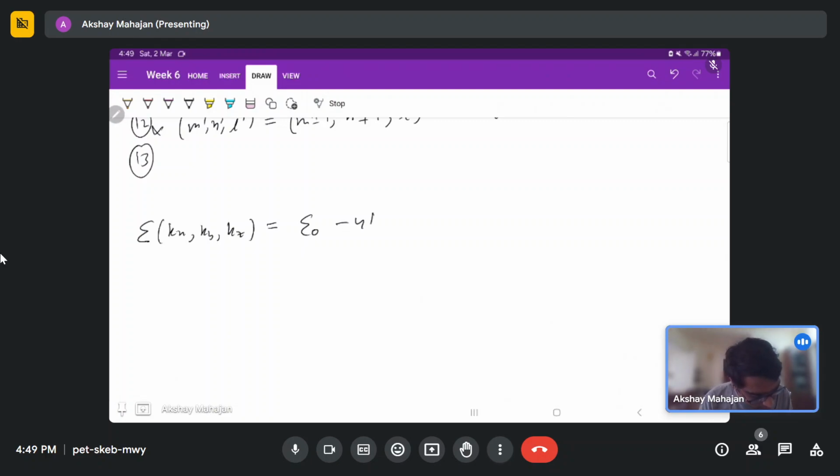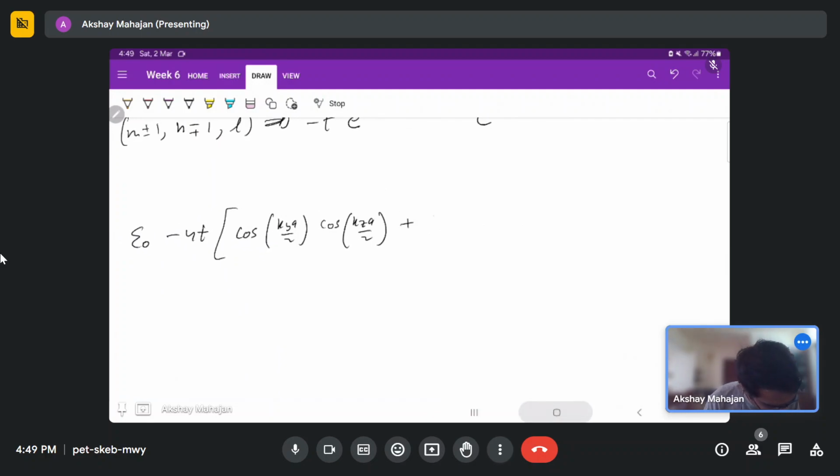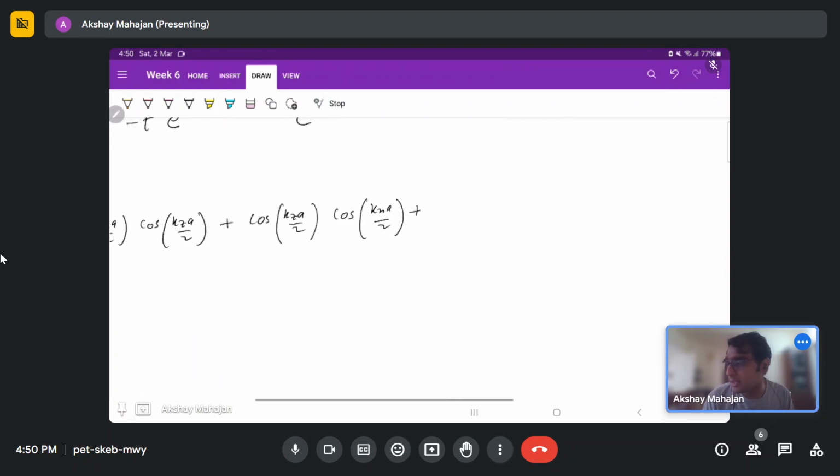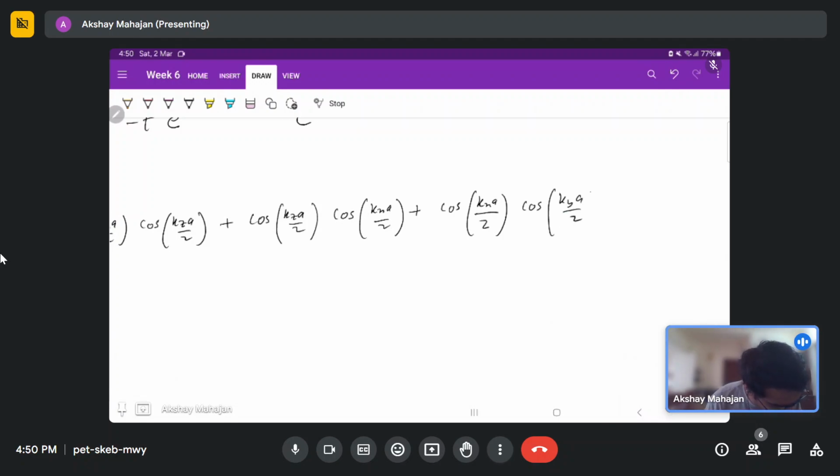You will get epsilon minus 4t times cosine of ky a by 2 cosine of kz a by 2 plus cosine of kz a by 2 and cosine of kx a by 2 plus cosine of kx a by 2 and cosine of ky a by 2.